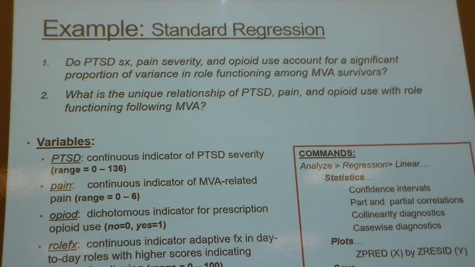But once we account for shared variability with PTSD and shared variability with overall pain, opiate use no longer has it. There's nothing unique. There's nothing left over in terms of opiate use that holds a unique relation with our outcome once we account for pain and PTSD. And so then that drops off.